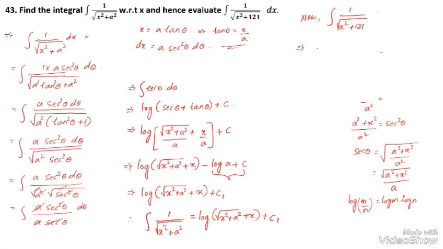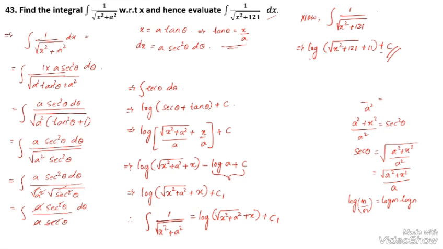So I can substitute the values here: integration of 1 divided by root of x squared plus 121 can be written as log of, wherever a squared is there we take 121, so log of root x squared plus 121 plus x, where a is 11, plus some constant. So this is the solution of the given problem.